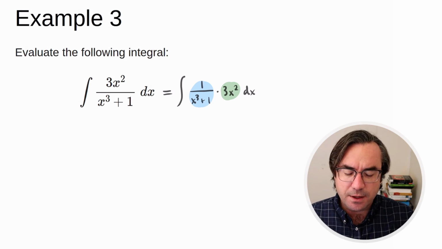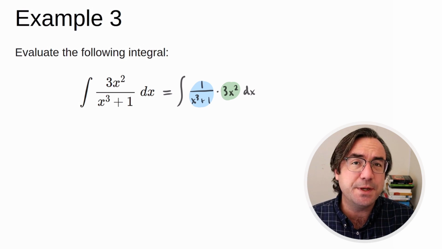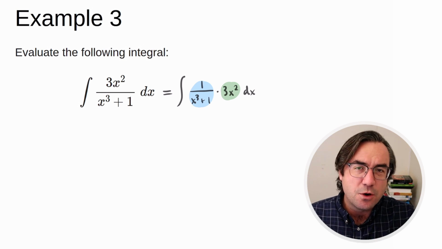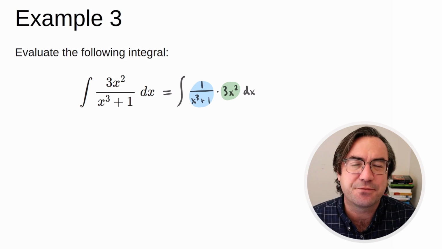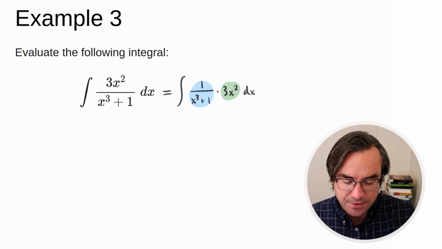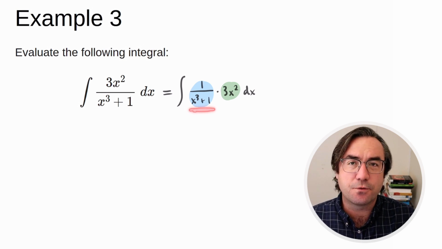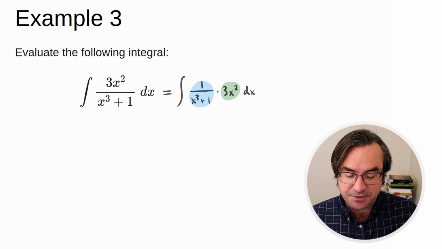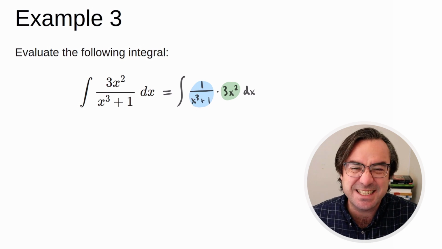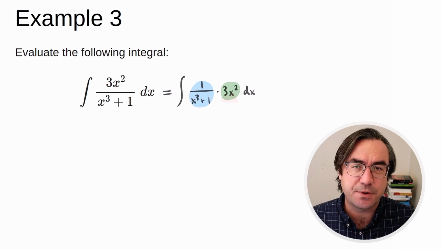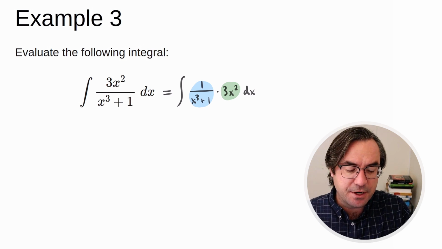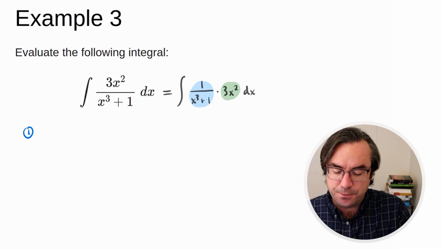And out of these two pieces, we want to look for the more complicated piece, because that's usually where we get the idea for u from. So in this one, I would say this 1 over x cubed plus 1 is the more complicated piece, because it's a fraction, we're dividing by x's, it's more going on than just the 3x squared. All right, so our first step is going to be, we've got to choose u.